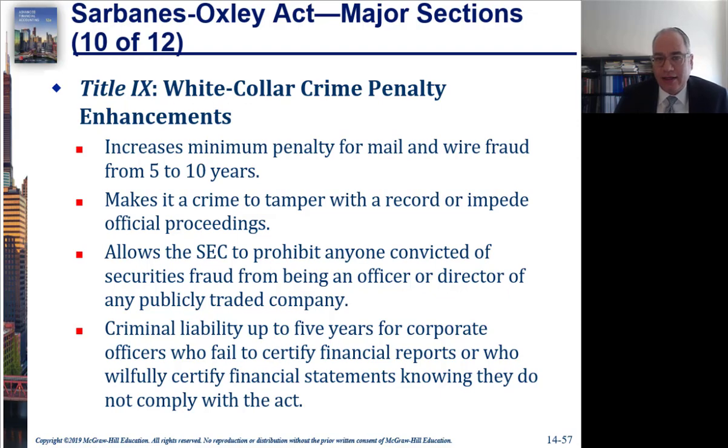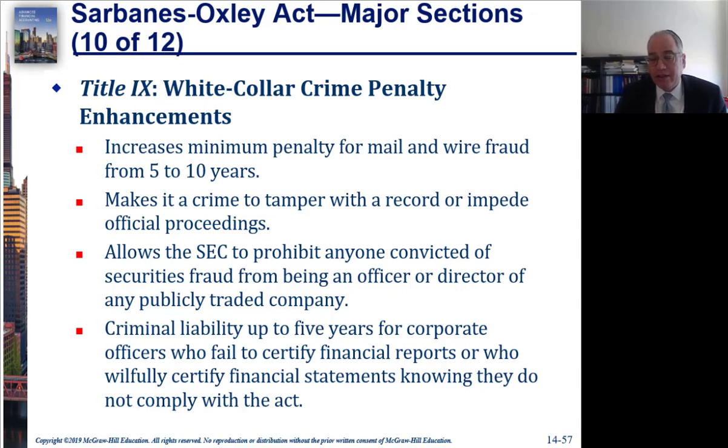White-collar crime penalty enhancements. Minimum penalty for mail and wire fraud, 5 to 10 years. It's a crime to tamper with a record or impede official proceedings. The SEC can prohibit anyone convicted of securities fraud from being an officer or director of any public company.